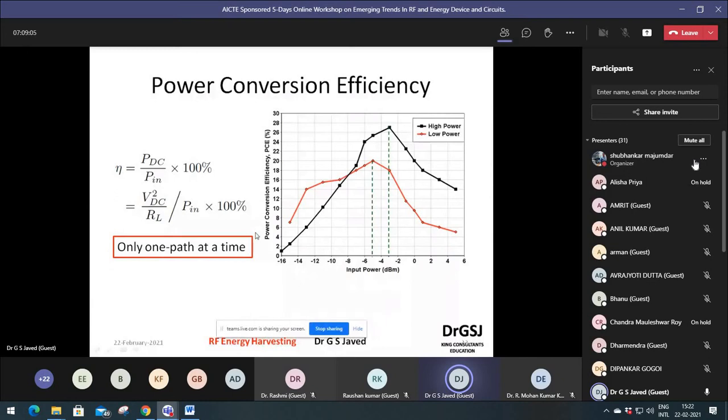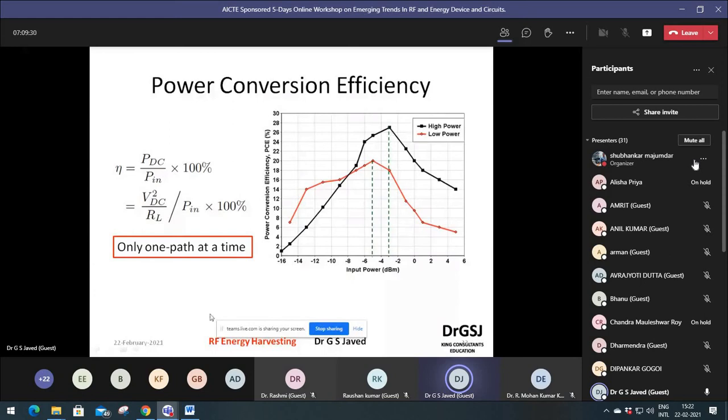When I say one path at a time, it is either the tracking power or the high power. And even in the high power, we have only the 1900 megahertz and 900 megahertz bands that we could operate. If you look at the peaks, the maximum efficiency comes at around 20% and about 27% for the low and high power.